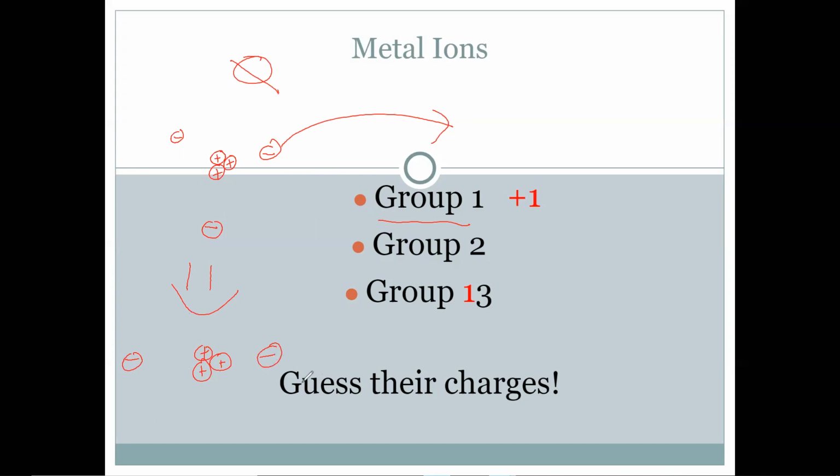So we have 3 positives in the center, but 2 negatives on the outside. 3 minus 2 is a +1. That is where that charge is coming from.